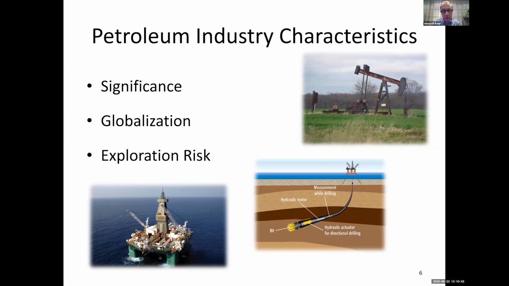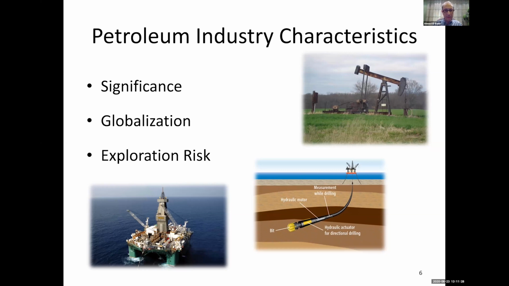In fact, when it comes to applying technology, we see two distinct types of technology: land technology, which is usually cheaper than offshore technology, and offshore technology. So offshore technology in West Africa is very similar to offshore technology in the Gulf of Mexico, in the North Sea, in the Mediterranean, in offshore Brazil. And land operation in US land is similar also to land operation in the Western Desert in Egypt, and to land operation in the Great Sahara of Algeria, etc. So this is what we mean by globalization here.